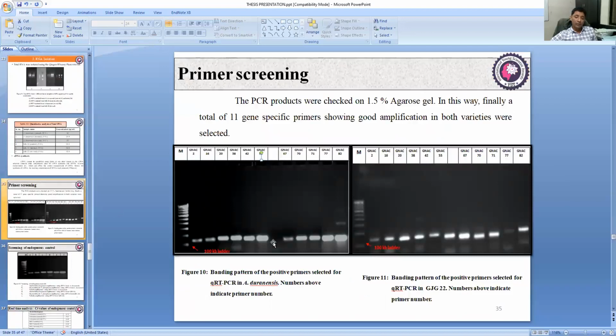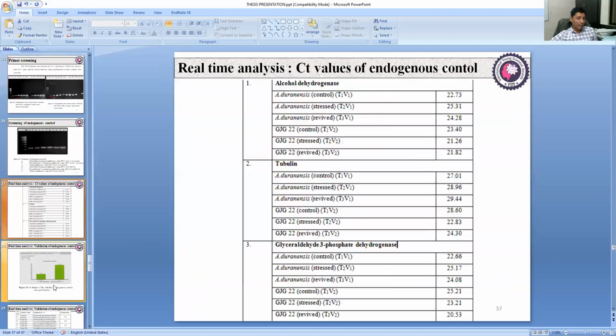If you see the amplification banding patterns of duranensis, the amplification or fold change is higher compared to GJG22. Moving ahead, another thing is the fold change and the CT value.